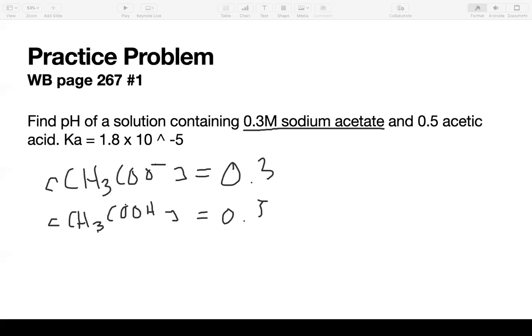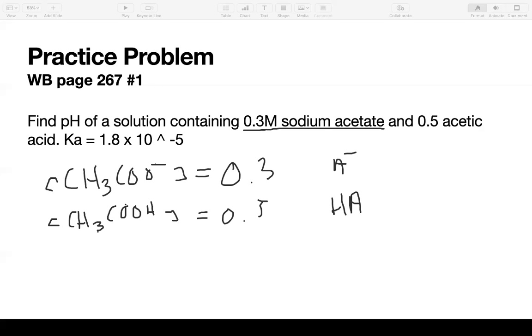So now that we know our acetate ion and our acetic acid concentration, we kind of rewrite it as A minus and HA. So this is something that we could plug into our Henderson-Hasselbalch equation.